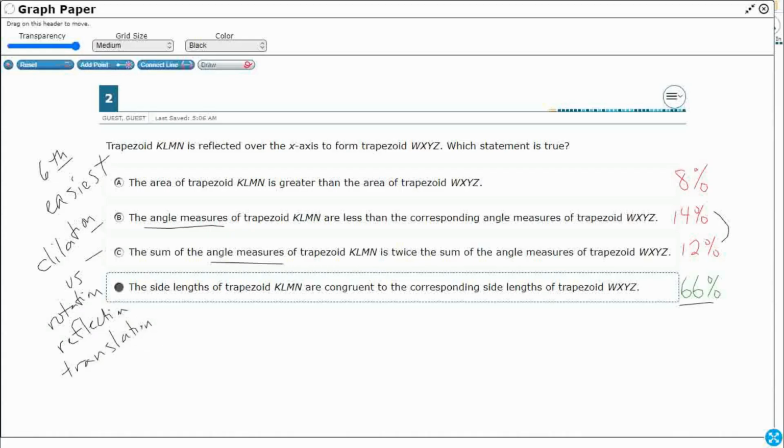Hopefully our students understand that even if we were to take this trapezoid and grow it into a much larger trapezoid, the side lengths are going to change, but the angle measures are always going to stay the same. It doesn't matter, the angle measures don't change. So that's a misconception that students are probably getting tripped up on, and that's what caused some of them to select either B or C.